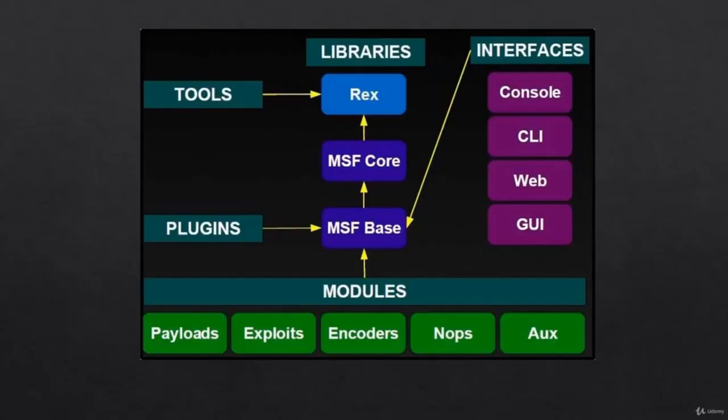MSF Core provides the basic API. It defines the Metasploit framework. MSF Core provides the basic API, but MSF Base provides the friendly API. It provides simplified APIs for use in the framework.